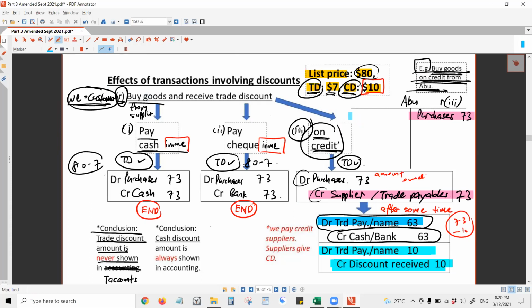Debit supplier's account with 63, and then credit cash or bank. Then we have to record this as well: the cash discount that we receive from the supplier, $10.